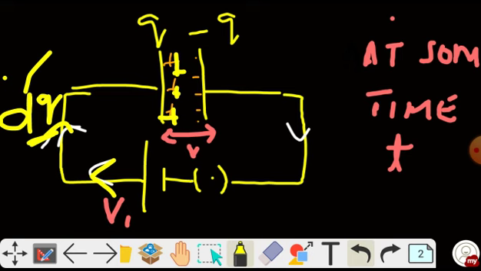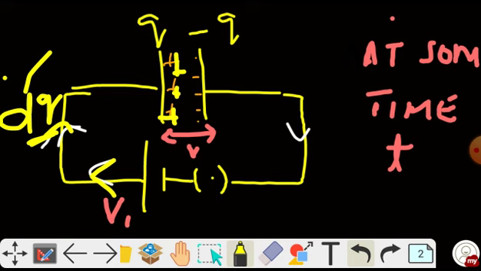That's why, as the capacitor opposes the coming of this dq charge, the battery will have to do some work in order to send this charge dq to the capacitor. And when some external agent does some work in storing a charge in a system, that work is stored as the potential energy of that system. So everything is clear now.